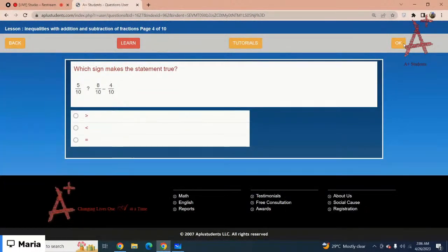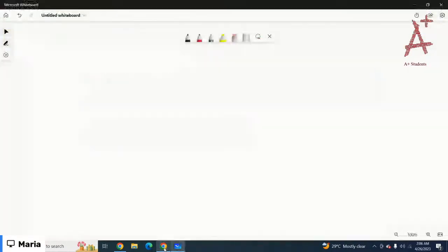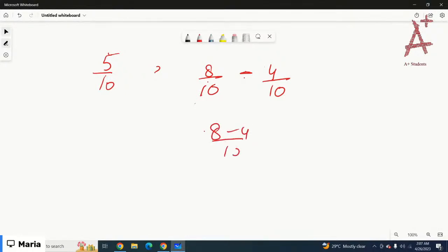Okay, the next one is 5 over 10 and 8 over 10 minus 4 over 10. You have to subtract the numerators. 8 minus 4 is 4, so it would be 4 over 10.